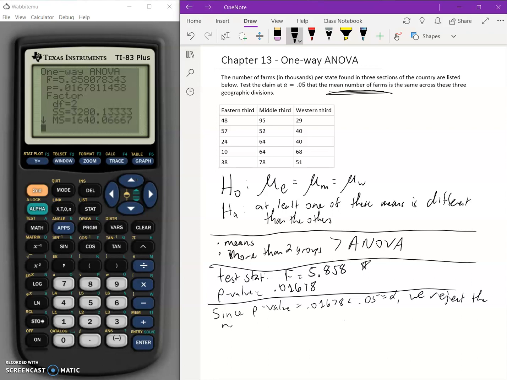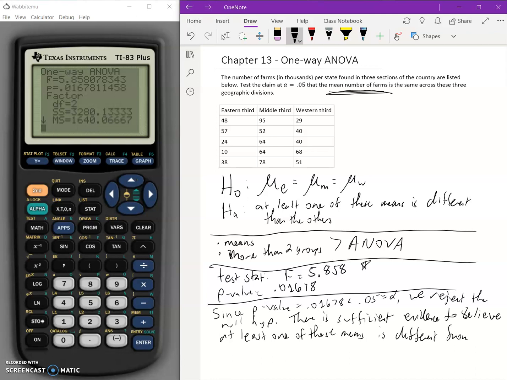There is sufficient evidence to believe at least one of these means is different from the others.